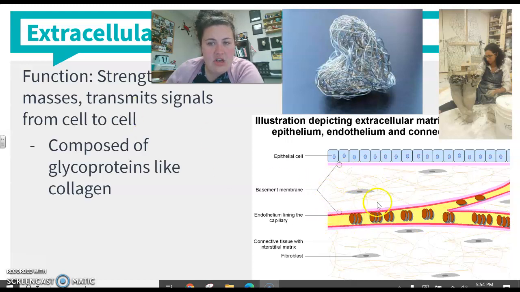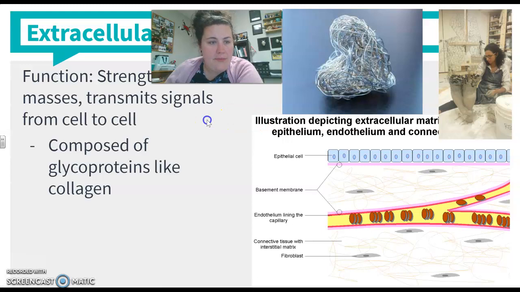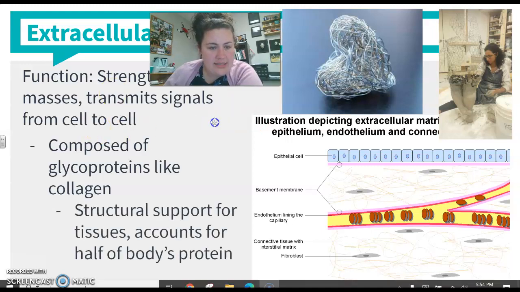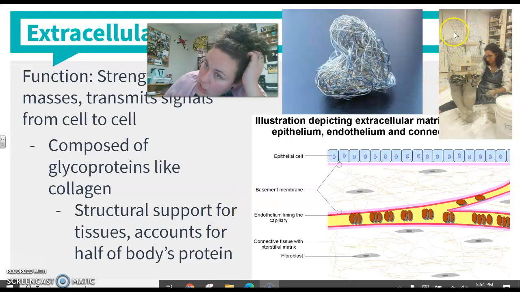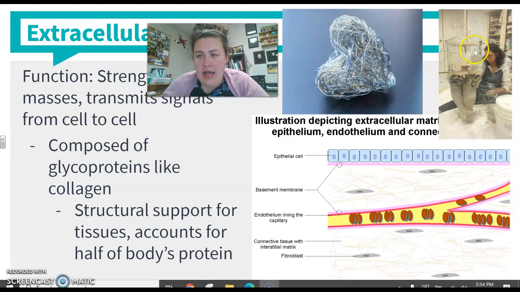But you do have this non-cellular space in your body, and it is there to support all of these other cellular components. The extracellular matrix really reminds me of, I don't know if you guys have ever seen this woman over here. She made a chicken wire structure, and now she is putting clay on it. I watched so many sculpting videos. What is this called?